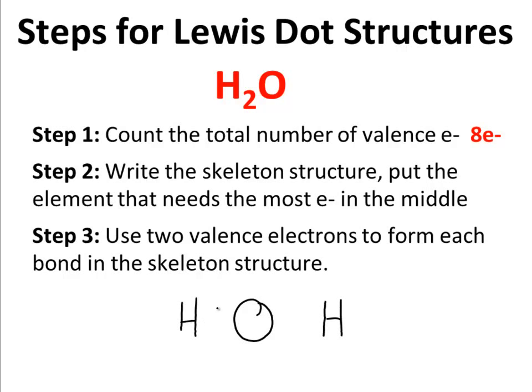And check this out. I'm going to use 2 valence electrons, 2 of my 8 that I have to place. 1, 2. That represents a covalent bond. And I'm going to draw that over here as well. So I'm using now 2 valence electrons to form each bond in the skeleton structure. These are bonds.